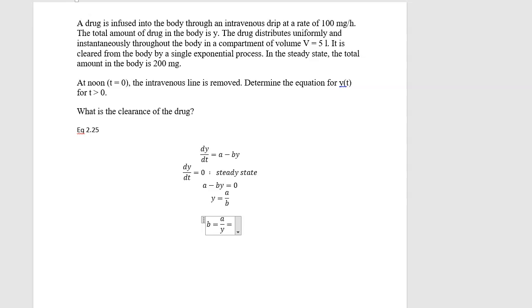What's the rate at which new drug is coming in? We've got 100 milligrams per hour coming into the body and maintaining an amount of 200 milligrams. So 0.5 per hour is our decay rate.